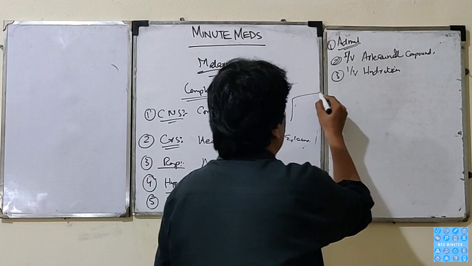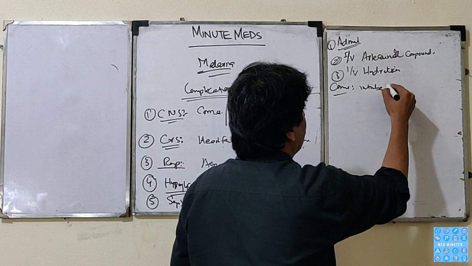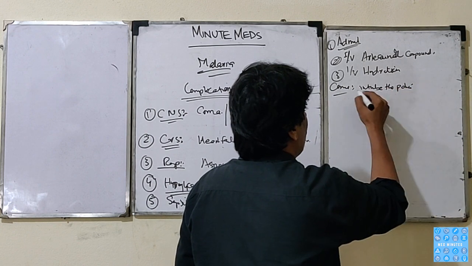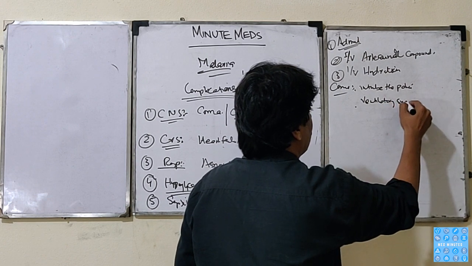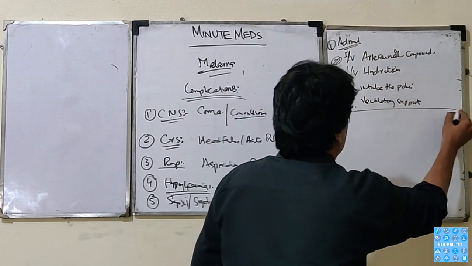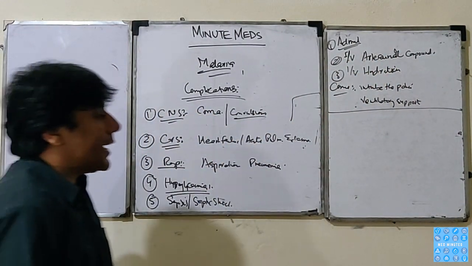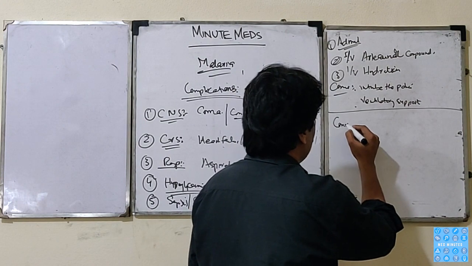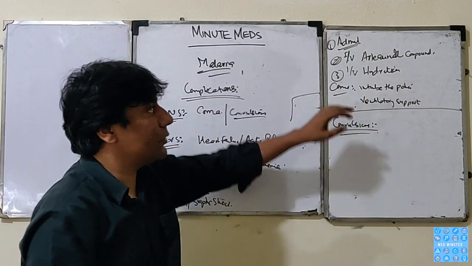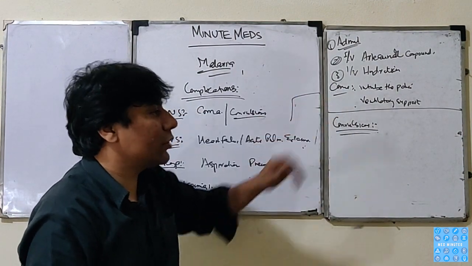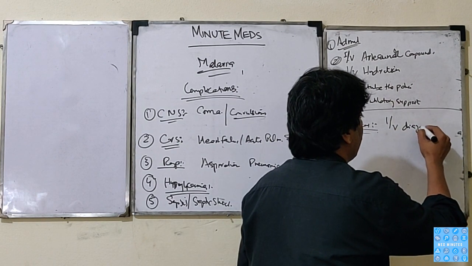Like in the cases of coma, what we do is we intubate the patient, we give ventilatory support, and then the same treatment, the IV antimalarials. If the patient has convulsions, then the same, we admit the patient, we give the IV antimalarials, and for convulsions, we give intravenous benzodiazepines like diazepam.